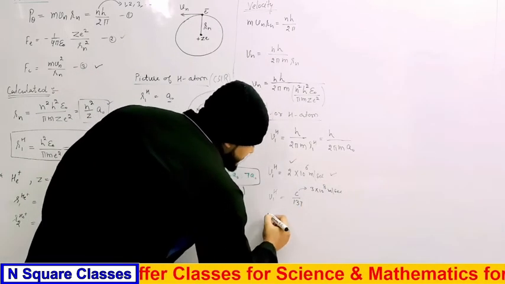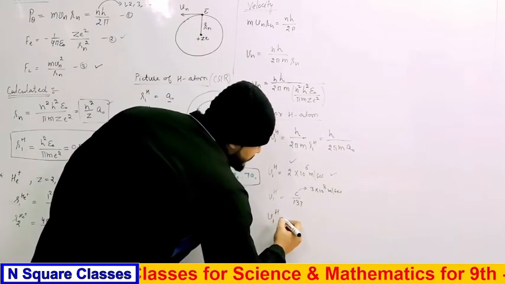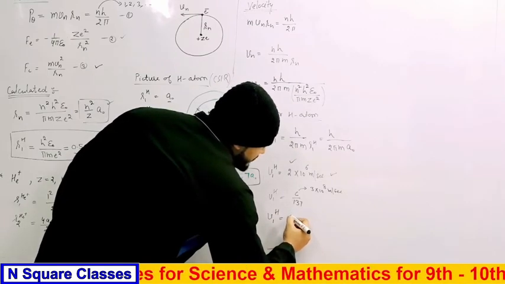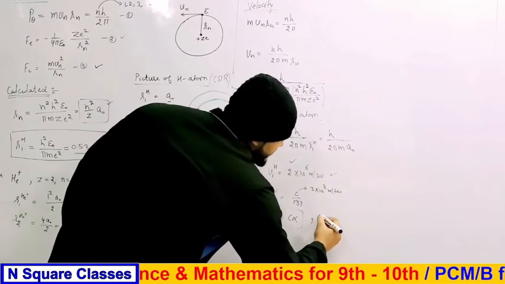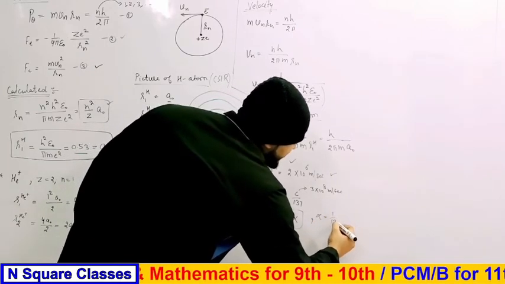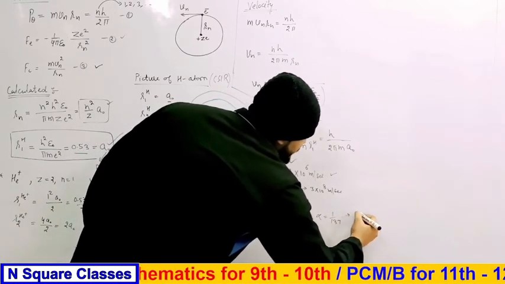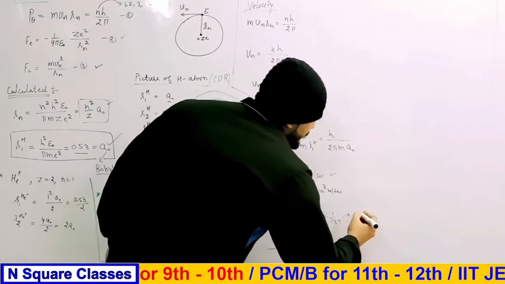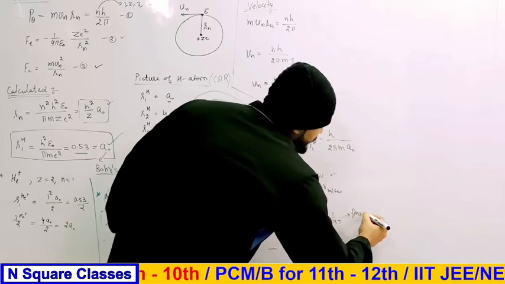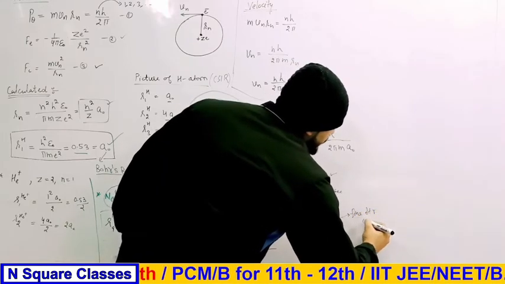So this can be written as V1H equals c alpha. Here alpha is 1 by 137, and this is the fine structure constant. What is the name of this constant? This is the fine structure constant.